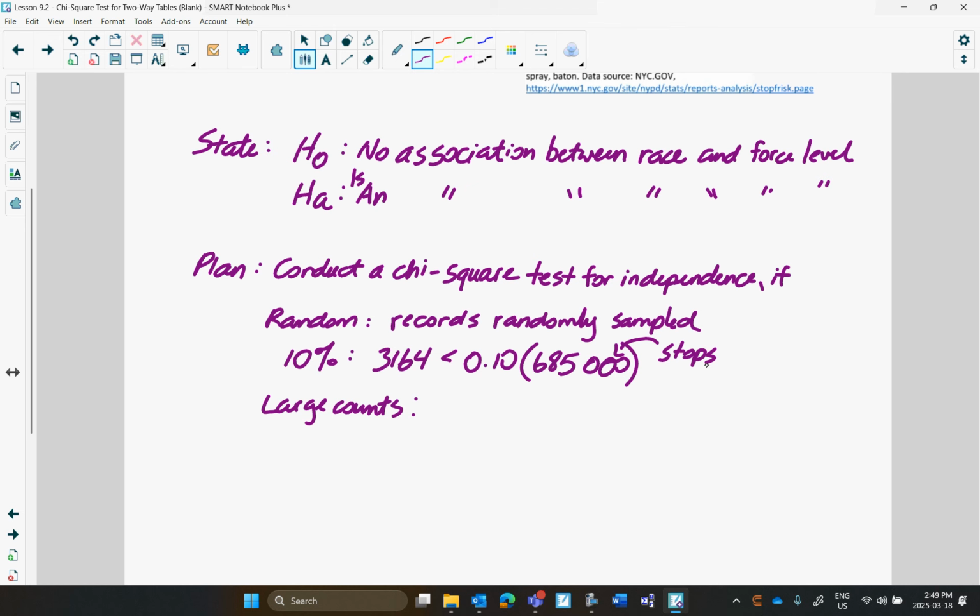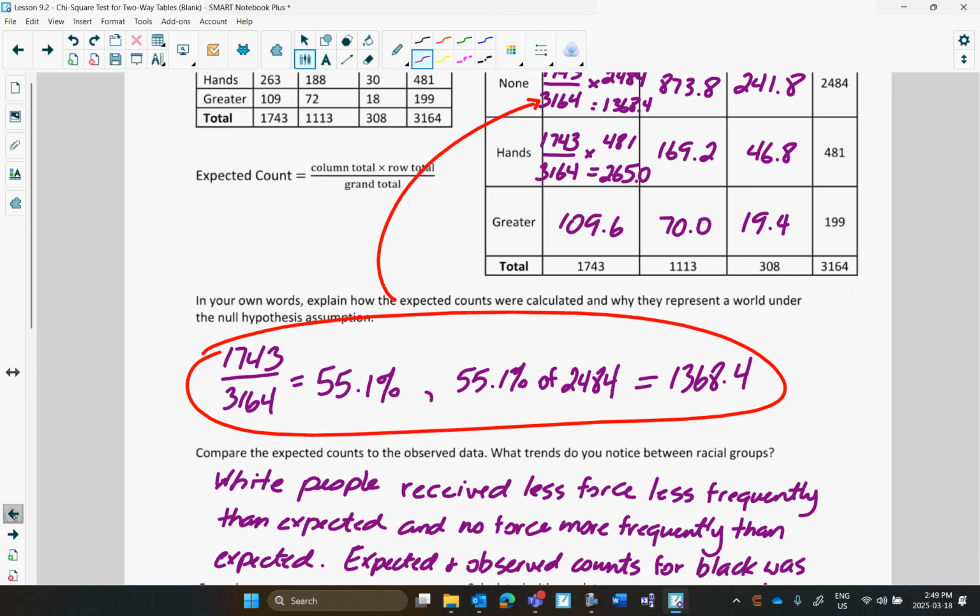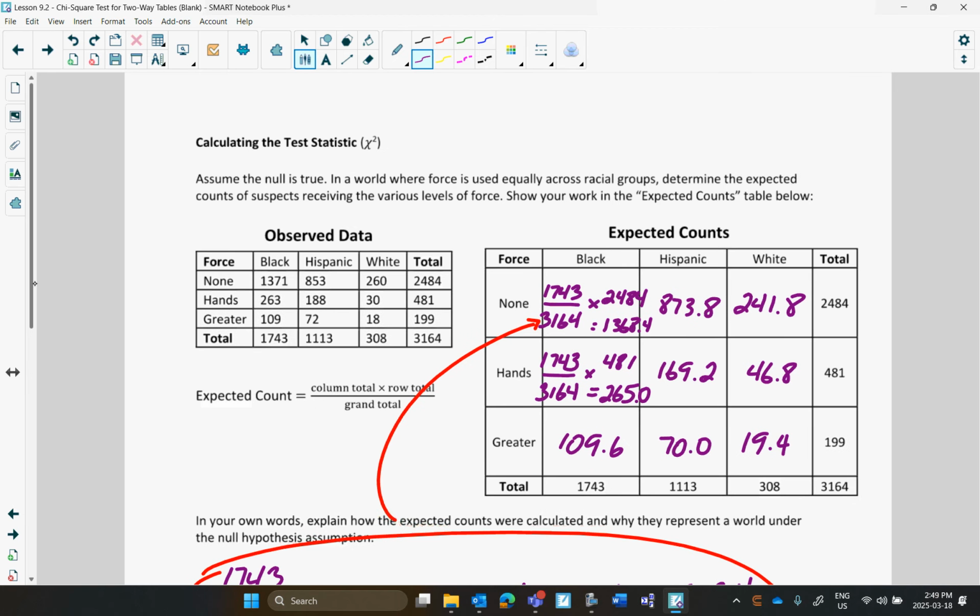For the large counts condition, you've got to use all your expected values from the table. All of these have to be greater than or equal to 5.